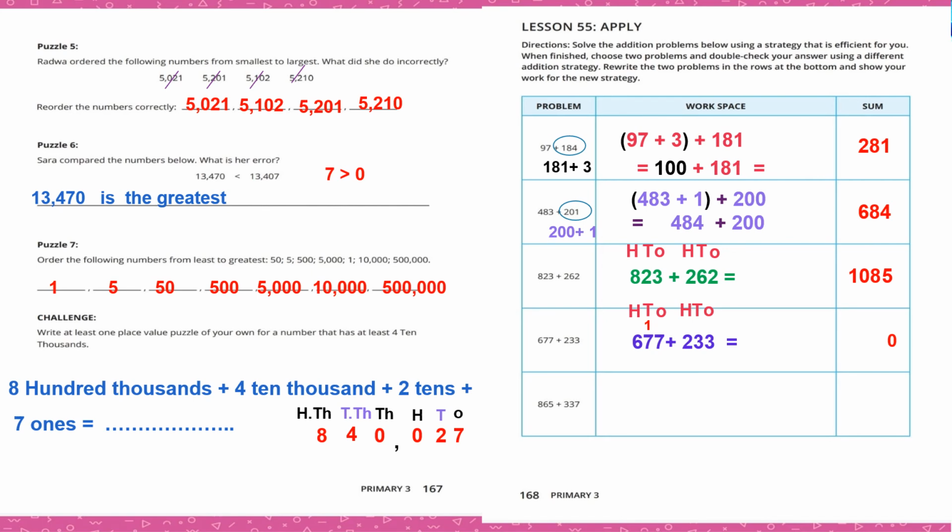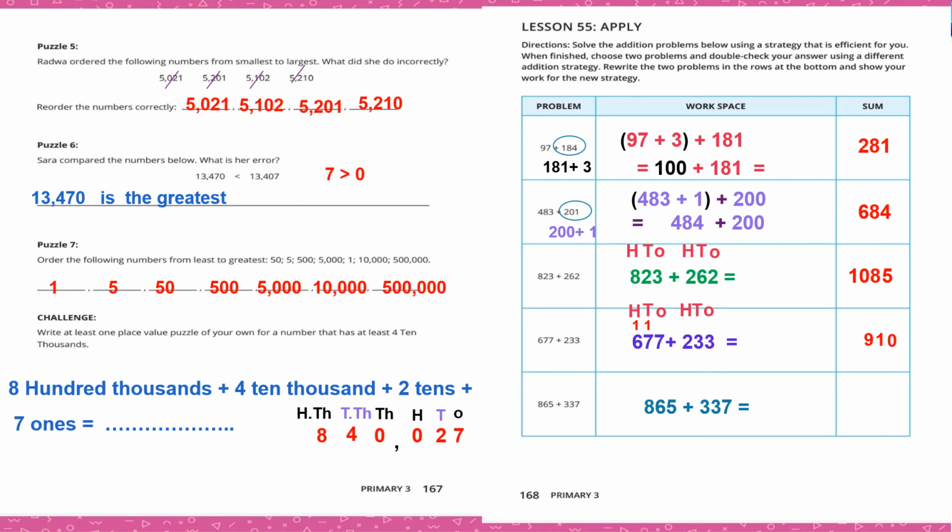Tens with tens. 8 plus 3: 8 in my mind, 3 on my fingers. After 8: 9, 10, 11. What shall we do? Put 1 and carry up 1 to the next place. Hundreds with hundreds. 1 plus 6, 7, plus 2, 9. So the final result, 910.